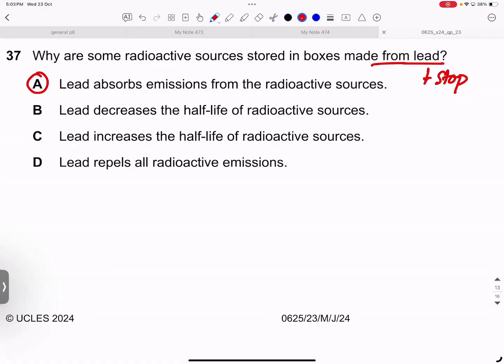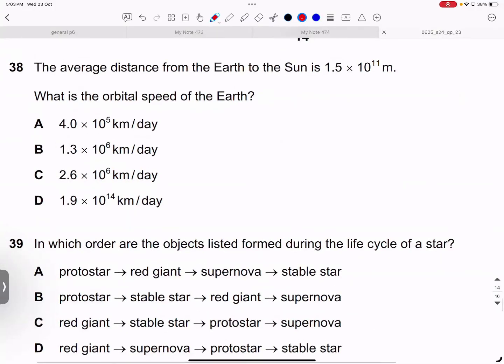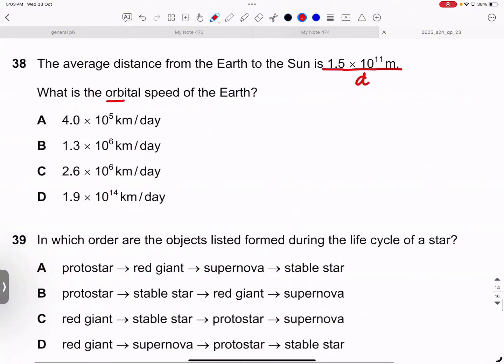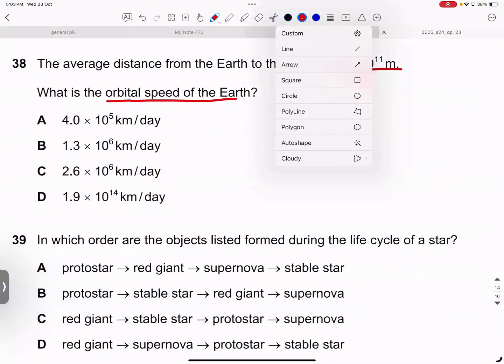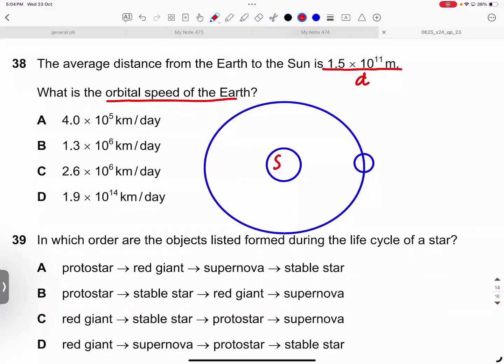Question number 38. Now we will enter the space physics. Average distance from Earth to Sun is this. You have the distance. What is the orbital speed? You need to assume this. Here is Sun. Here is the orbit for the Earth. To find orbital speed, we need 2 pi orbital radius divided by time.